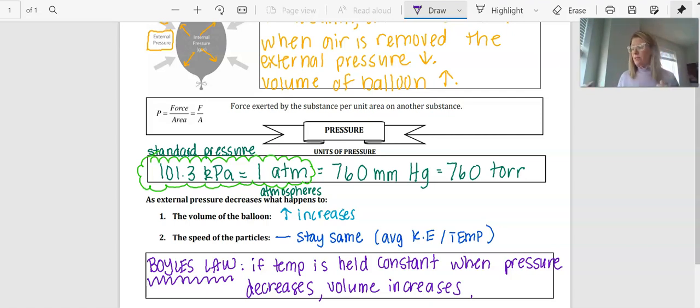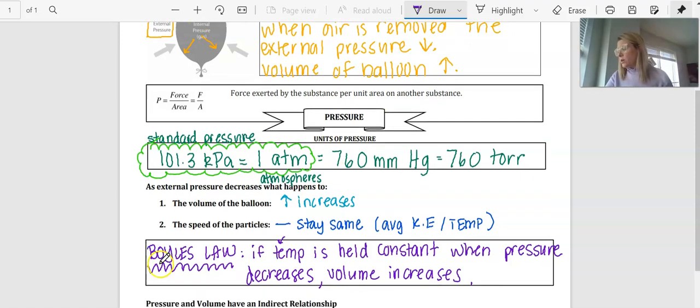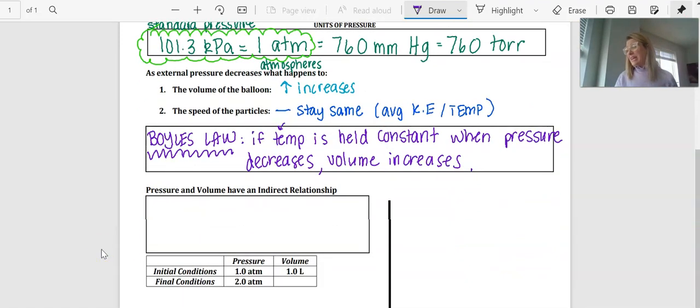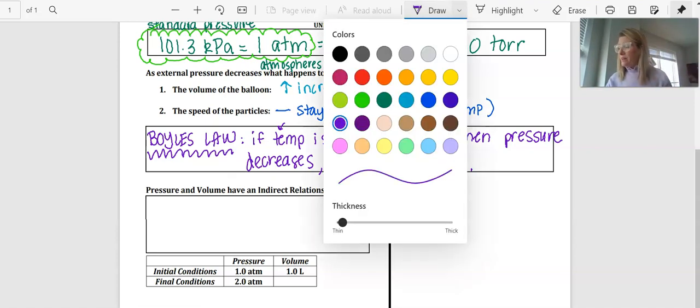And again, it does matter. Temperature does need to be held constant for this to happen, but they are indirectly related, okay, or inversely related. So they have what's called an indirect relationship, right? As one increases, the other decreases, and vice versa. We can represent this mathematically, okay?